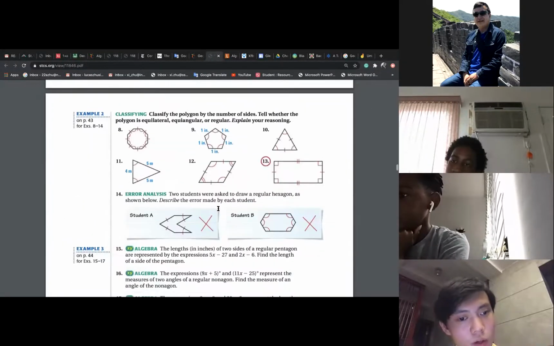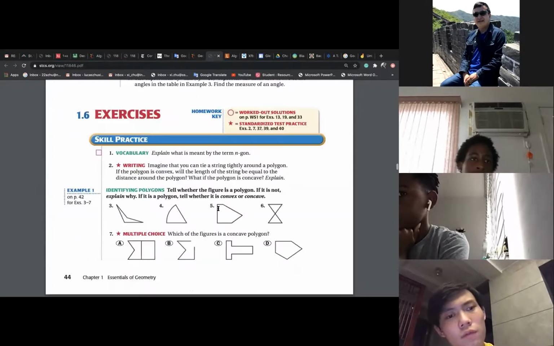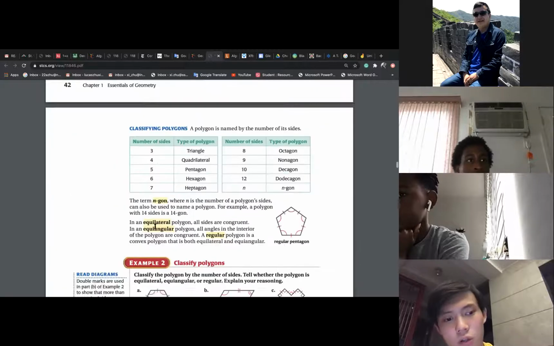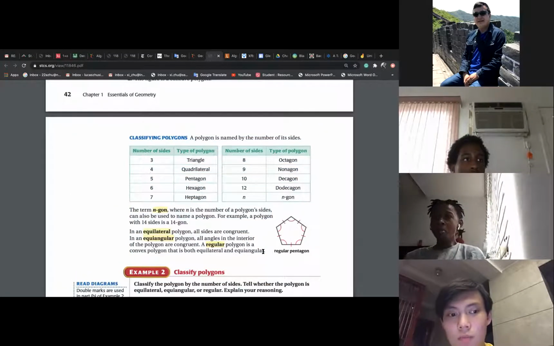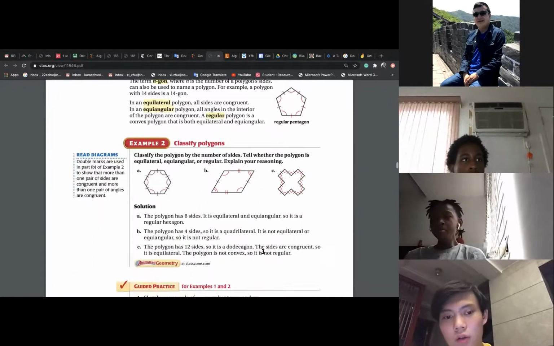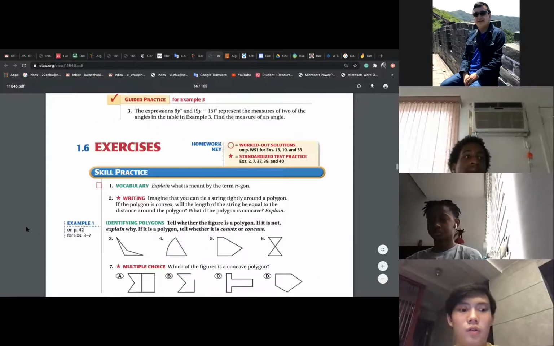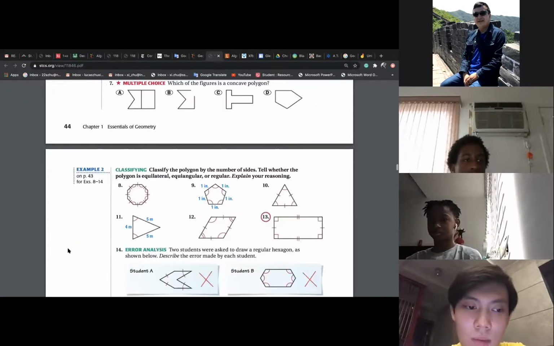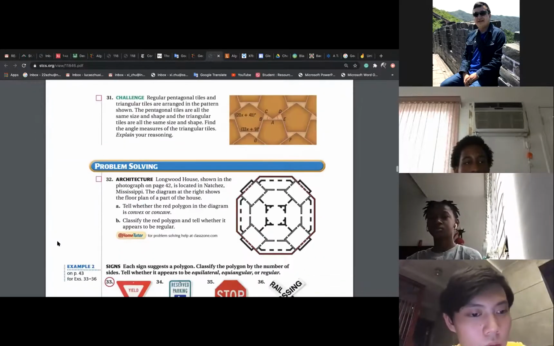I mean, those are pretty easy. You just have to remember the definitions, like from here to here. If you remember all the definitions, then you know everything already for this unit.